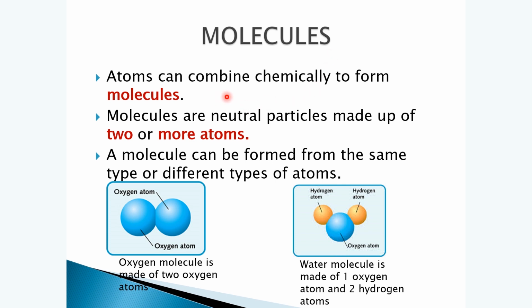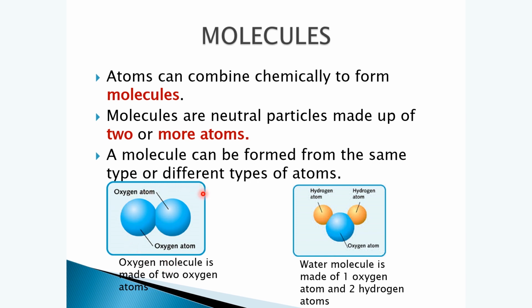Atoms can combine chemically to form molecules. Molecules are neutral particles made up of 2 or more atoms. A molecule can be formed from the same type or different types of atoms. For example, an oxygen molecule is made of 2 oxygen atoms.